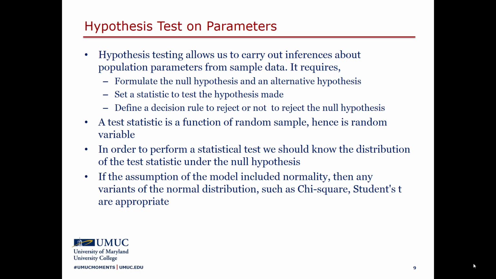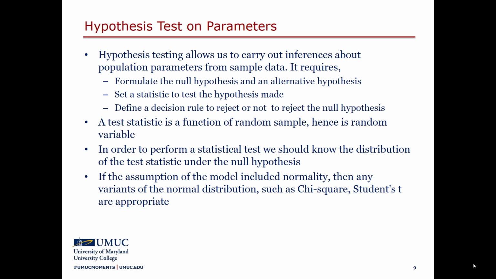You use an applicable test statistic for the hypothesis, and you define a decision rule to reject or not to reject the null hypothesis. A statistic is basically a function of a random sample. So it's a random variable, and you can discuss the distribution of it, and the characteristics of that random variable allow you to work with the null and alternate hypotheses.